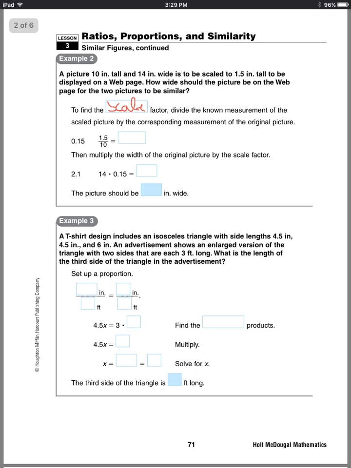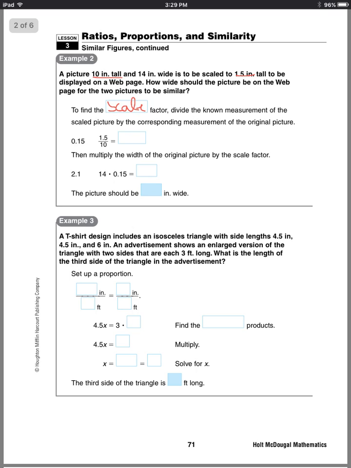The scaled picture is what's going to go on the website. So that's 1.5 inches tall divided by the corresponding measurement of the original, 10 inches tall. We're not using the 14 right now because we're trying to just find the scale, and we have to use what we know about the website picture.